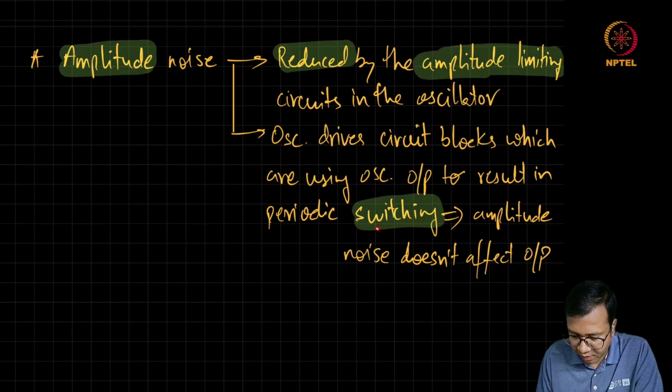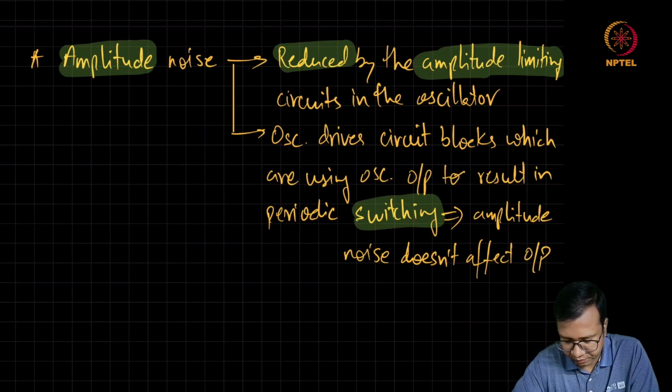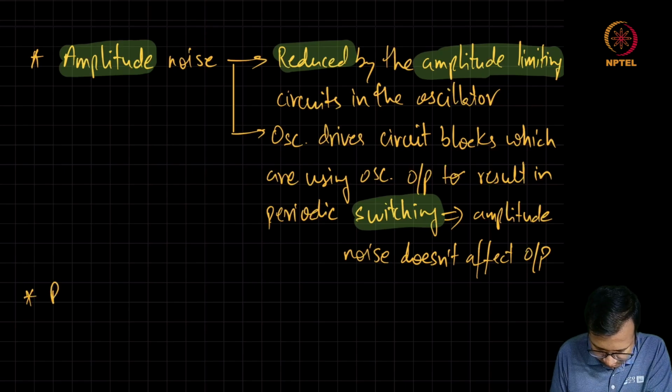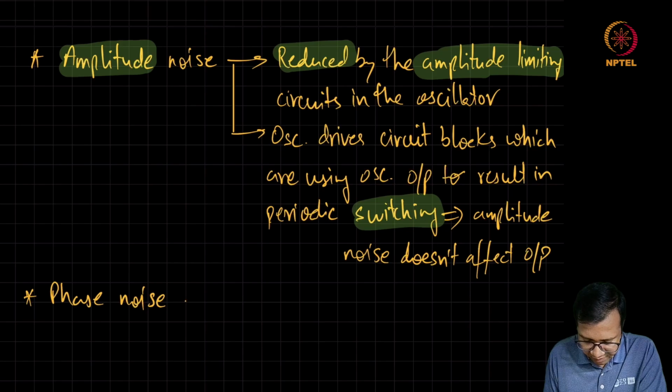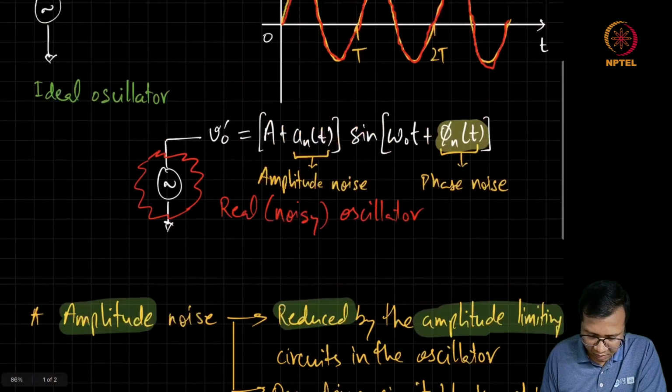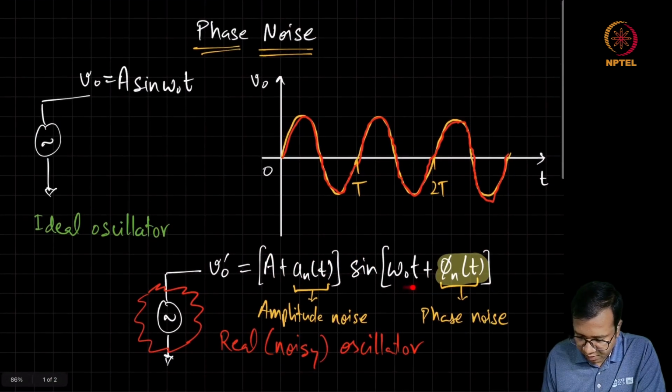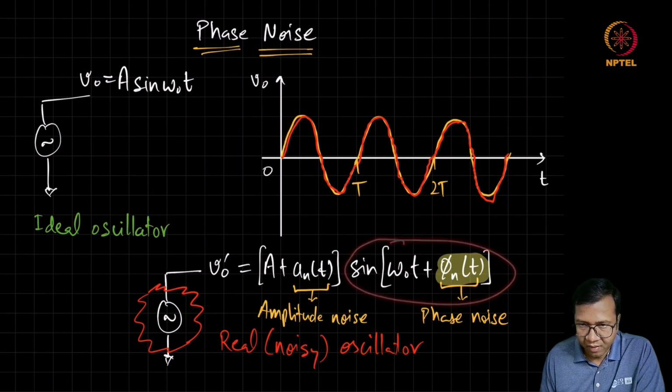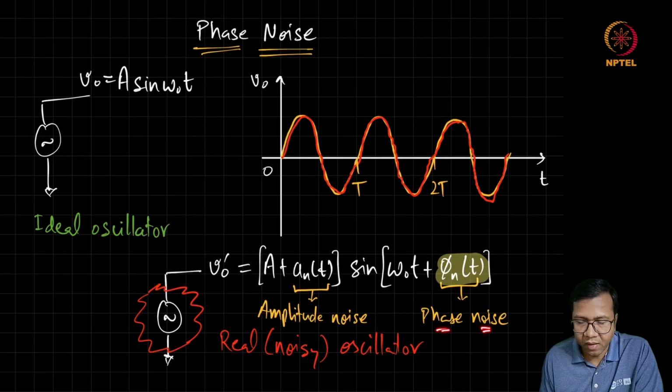So when the oscillator is used to result in this hard switching of the MOSFETs, this amplitude noise is not going to result in any change in the output. Whereas this phase noise, as we can see here, decides the periodicity of this output signal. So this is a really important component in an oscillator output.